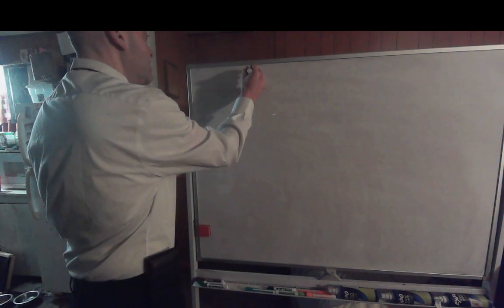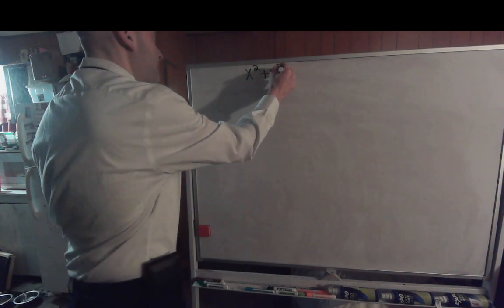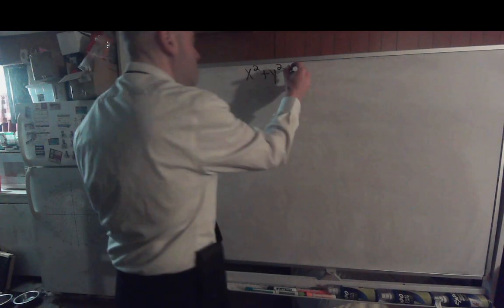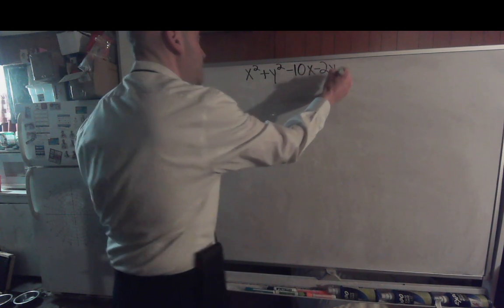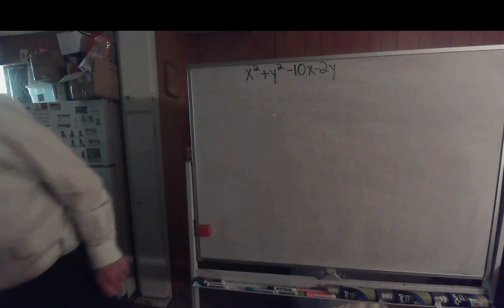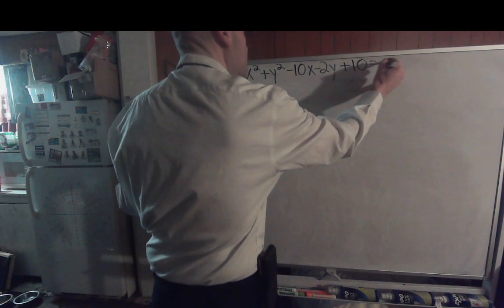Alright. So we have x squared plus y squared minus 10x minus 2y plus 10 equals 0.